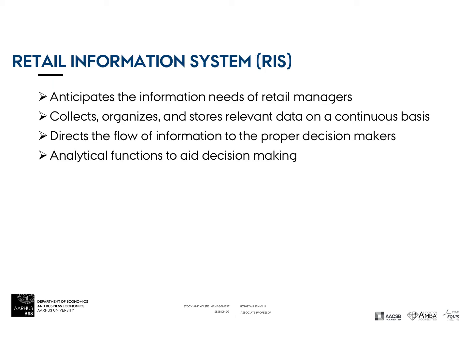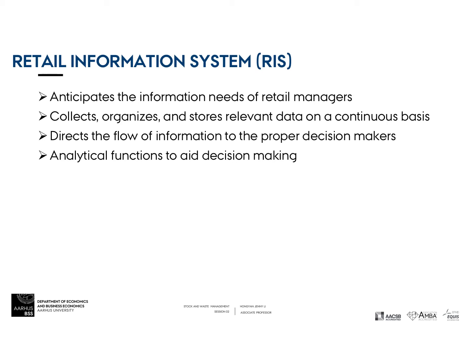After we have talked about the information flow and the material flow, now we talk about how to use an information system to control the smooth information flow and material flow. A retailer information system is commonly used in retail companies. It anticipates the information needs of retailer managers.